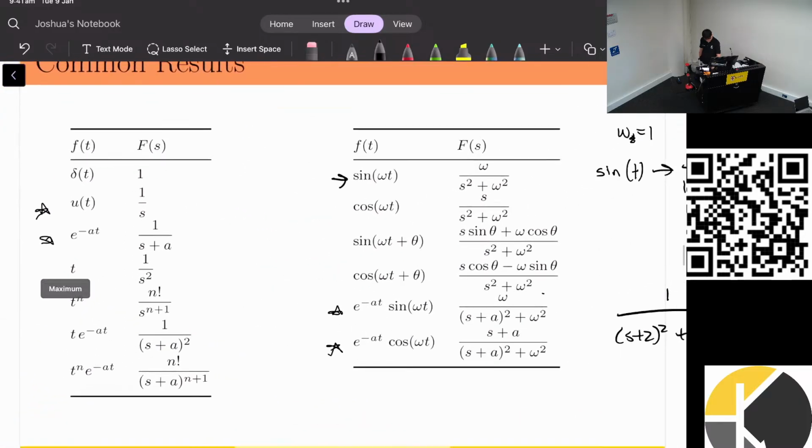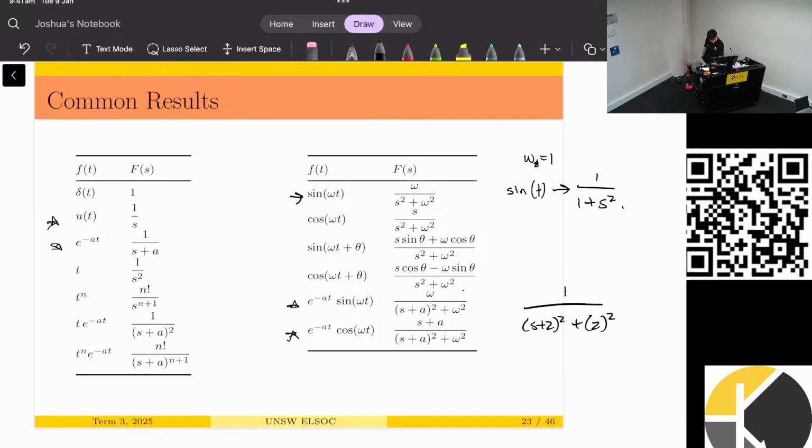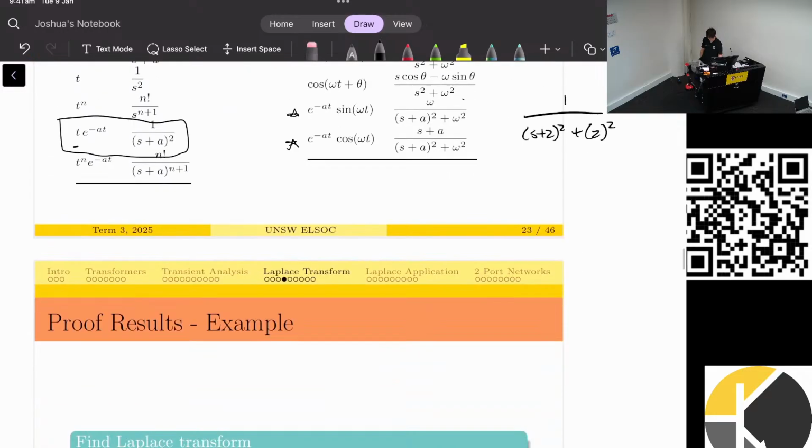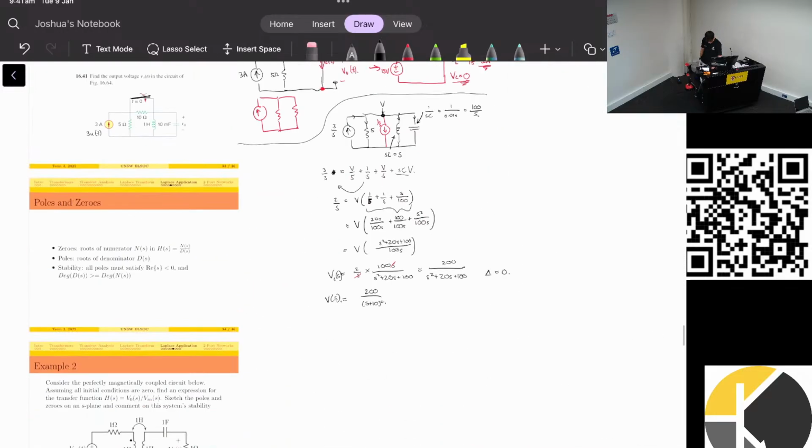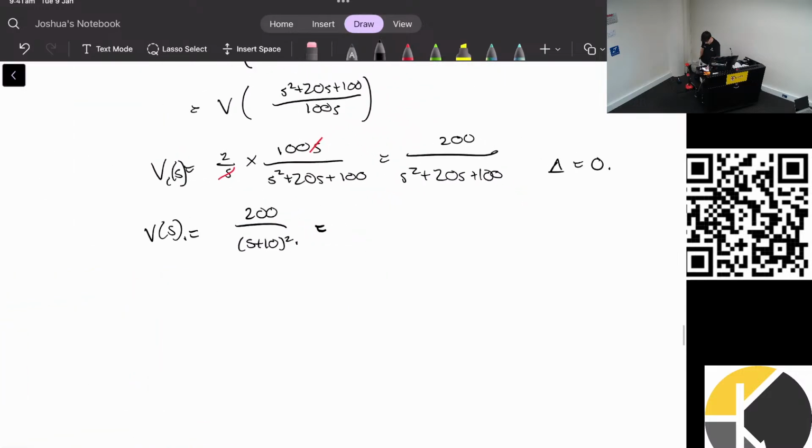Here. We have a squared term, so I'm going to be using this one here. So we're going to have t e to the minus at, and a is 10. So this is 200 t e to the minus 10 t.